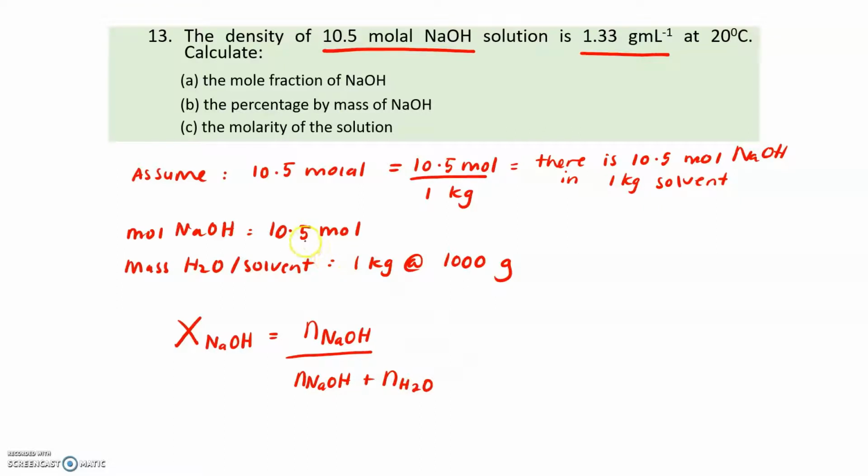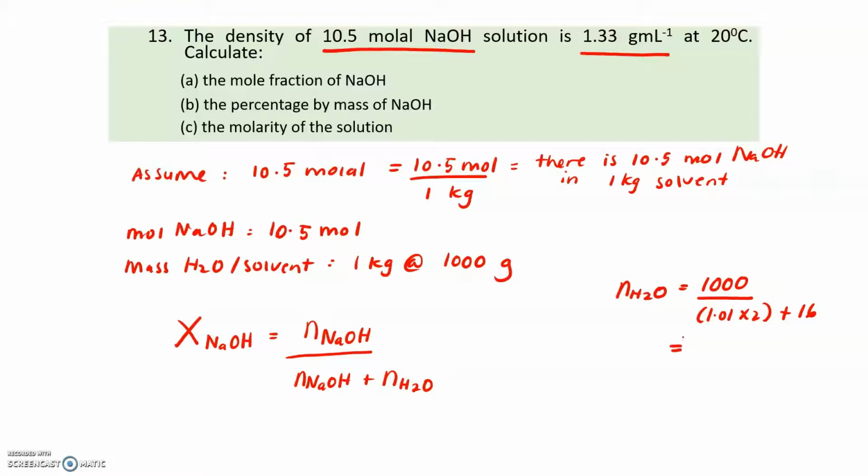We have mole of sodium hydroxide 10.5. So what is mole of water? We have the mass of solvent, so 1000 divided by molar mass of water, 1.01 times 2 plus 16.